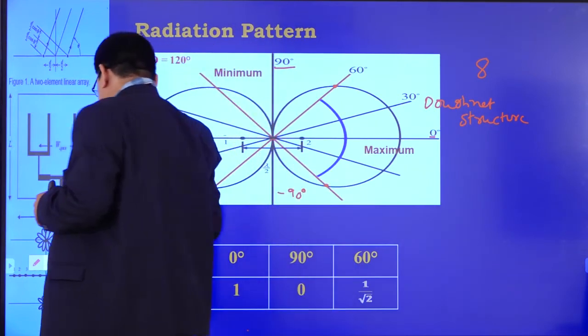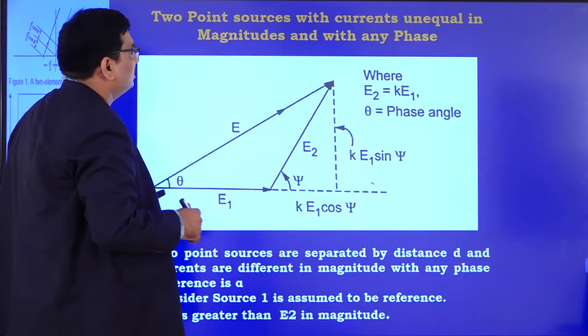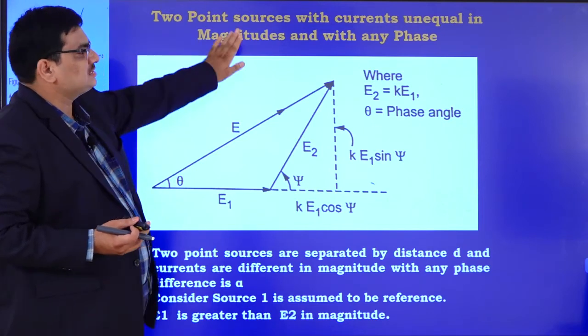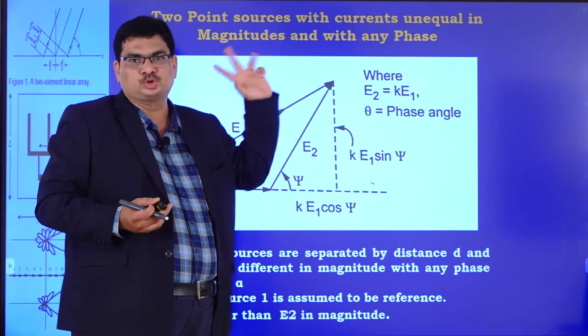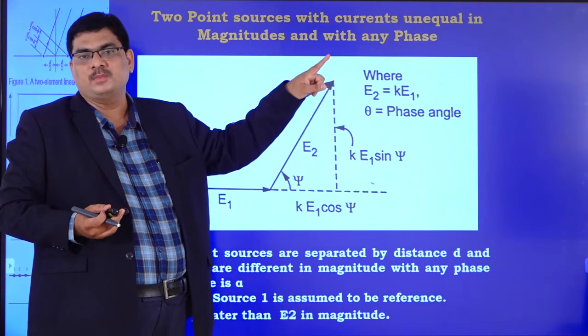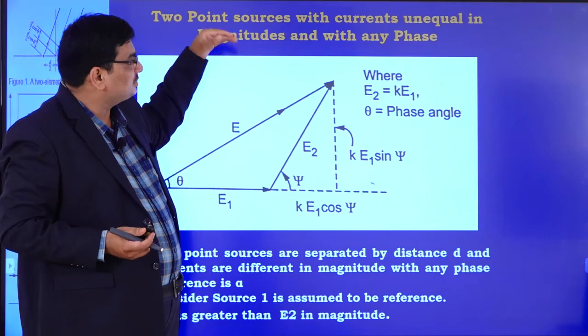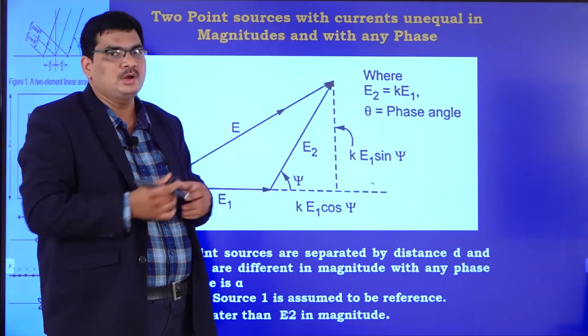So next is the third case. In this case, we are taking two point sources. In both previous cases the magnitude was the same but the phase was different. Now in this case the magnitude is different and the phase is also different.